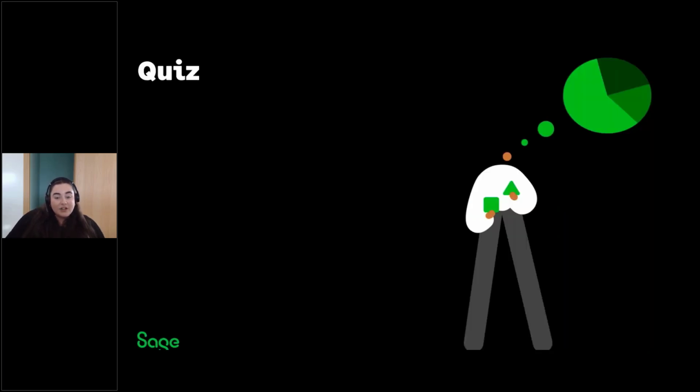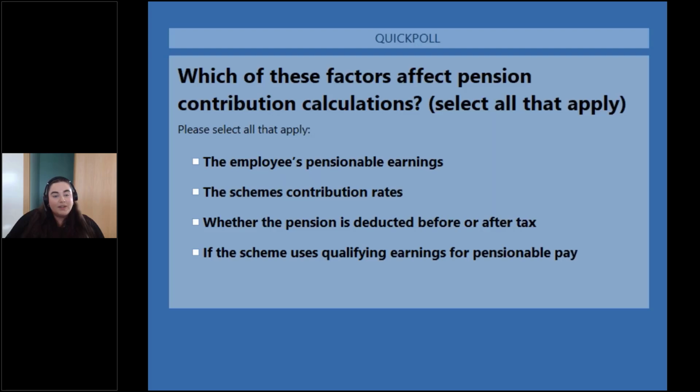And last question on today's quiz. Just launching that poll now too. Which of these factors affect pension contribution calculations? And a little tip with this one, it is a multi-choice question, so you can select multiple answers. Select all that apply.